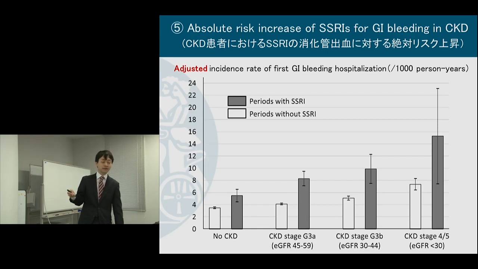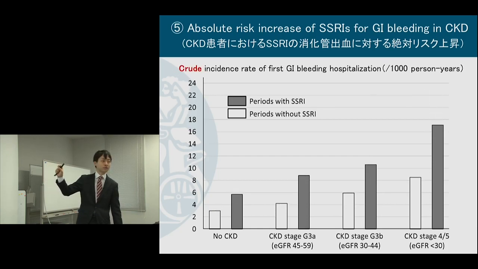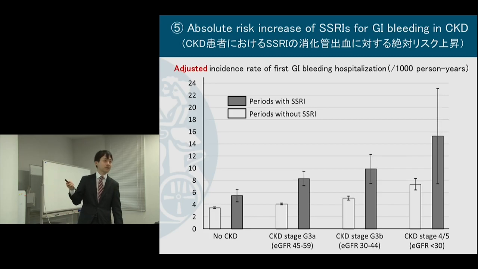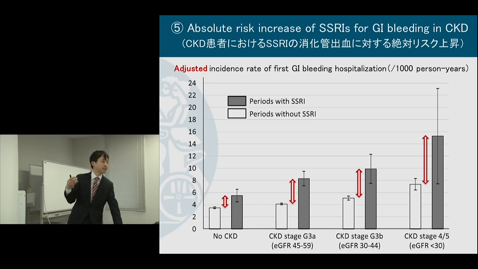So the 8 groups became closer as a result of adjustment. And now these differences can be ascribed to the drug, because other factors are completely the same in theory. So these differences are due to drugs.